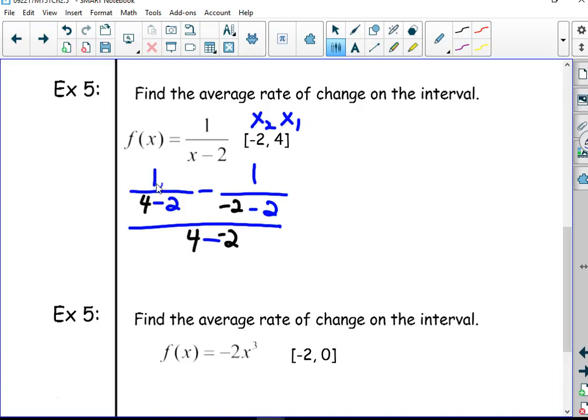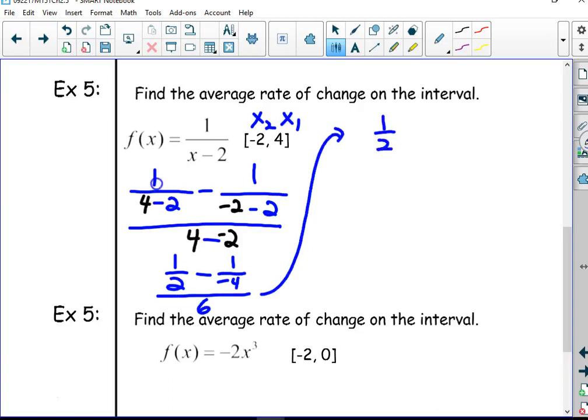So I get 4 minus 2 is 2, so I get 1/2 in the numerator minus, so I get 1 over negative 4. That means that those two negatives are going to go positive, and that's going to be over 6.